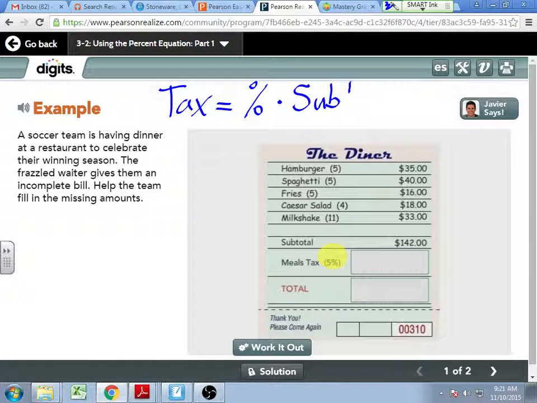We want to start using that word. Your subtotal. What does sub mean? Under or before, right? So your subtotal is the total before the tax is added on.